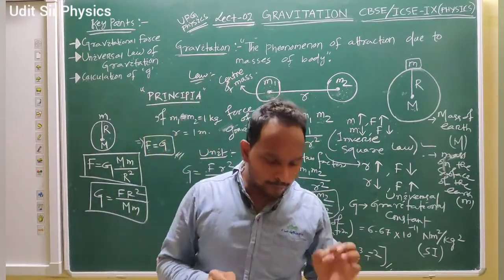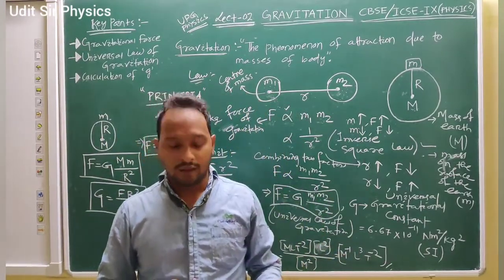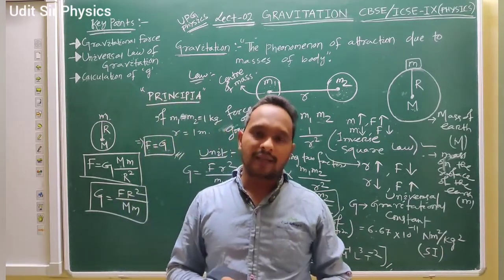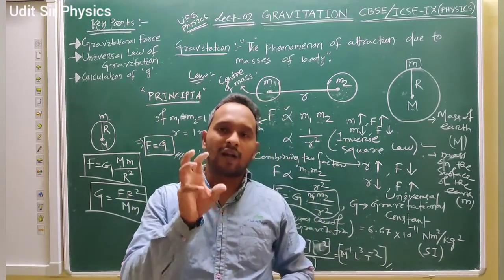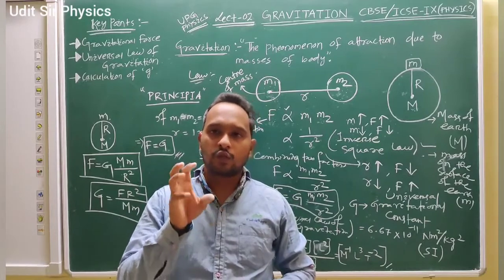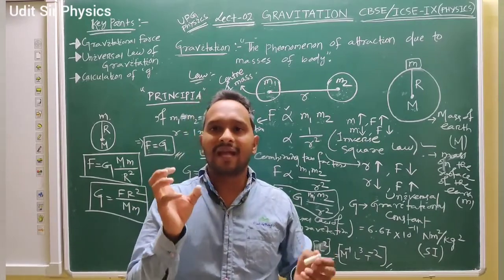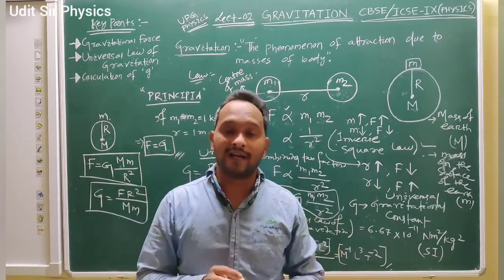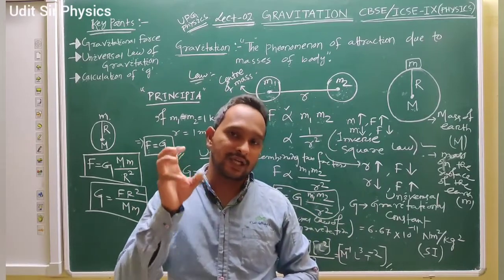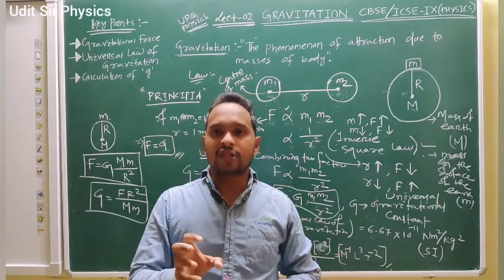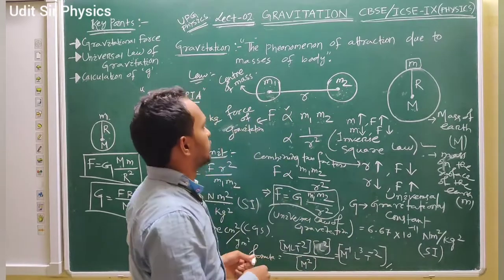Understood? So the important characteristics are: the first one is that the gravitational force between two bodies forms an action and reaction pair. That is, the forces are equal in magnitude.